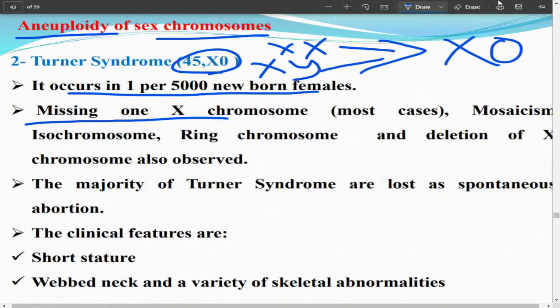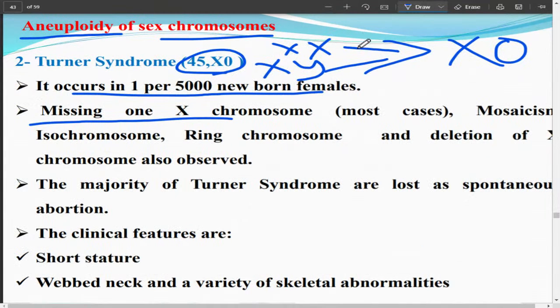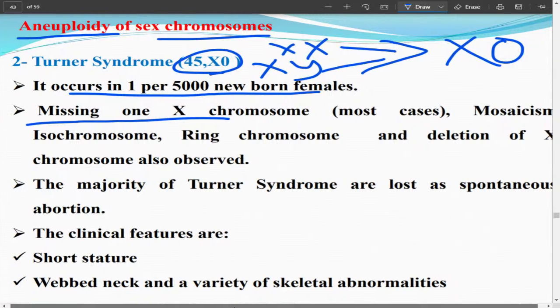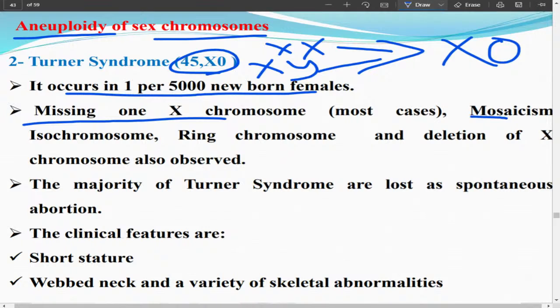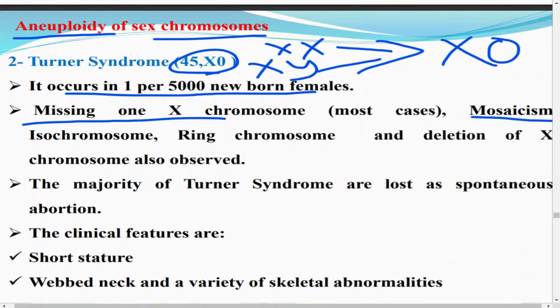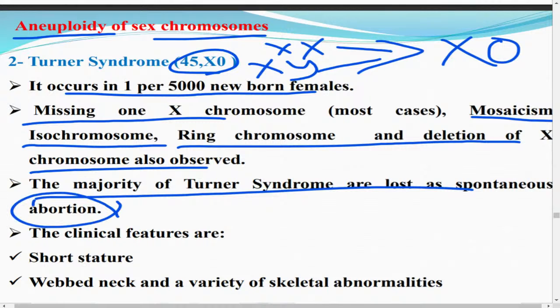Mosaicism, isochromosome, ring chromosome and deletion of the X chromosome were observed. The majority of Turner syndrome cases are lost as spontaneous abortion.